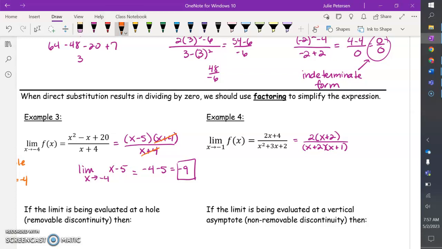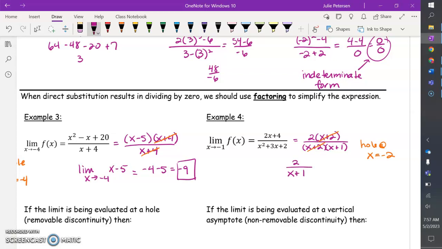I see some factors that cancel, and I see that means this graph has a hole at x equals negative 2. Now, that's not where we're evaluating the limit, so that really doesn't matter. Let's figure out what's going on once we simplify this function. So now the new function is 2 over x plus 1.